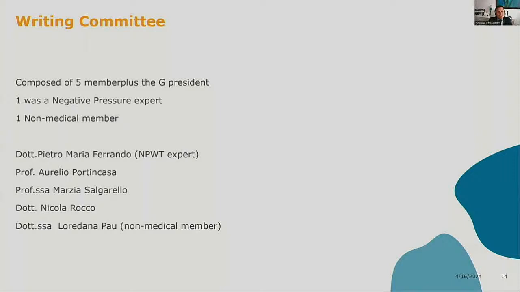Then we have the writing committee, which is composed of 5 members plus the G president. One of them is a negative pressure expert, and one is a non-medical member, as you can read here in this slide.